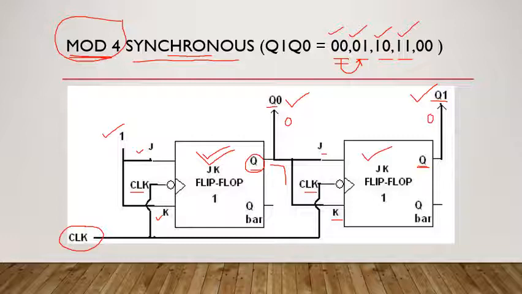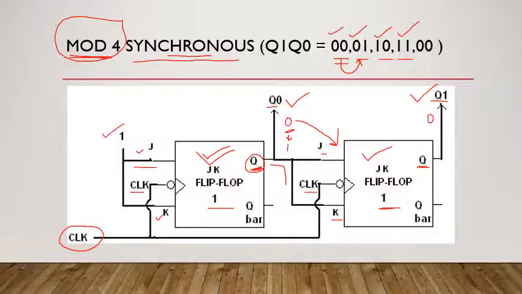Now see here 1 is coming to the first flip-flop for both J and K, and we know it will lead to toggling of the output. So we can see that the status of Q0 is 0 initially. When the clock pulse comes, this 0 will change to a 1. At the same time, when the clock pulse is coming to the first flip-flop, it is also going to the second flip-flop. Initially we had this Q0 value as 0, so J and K were both 0.